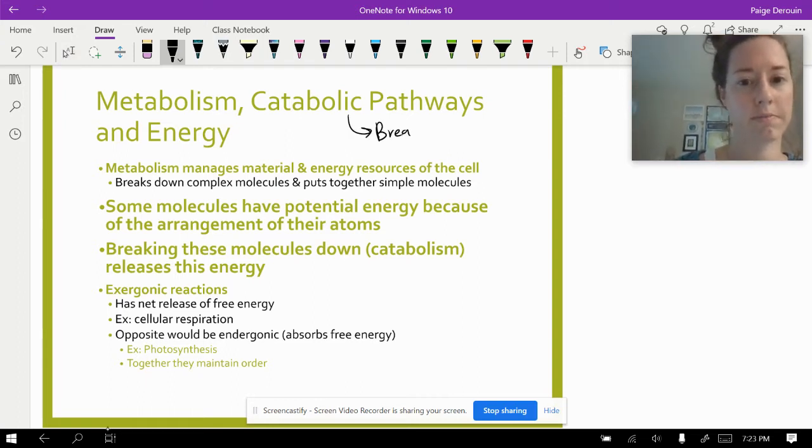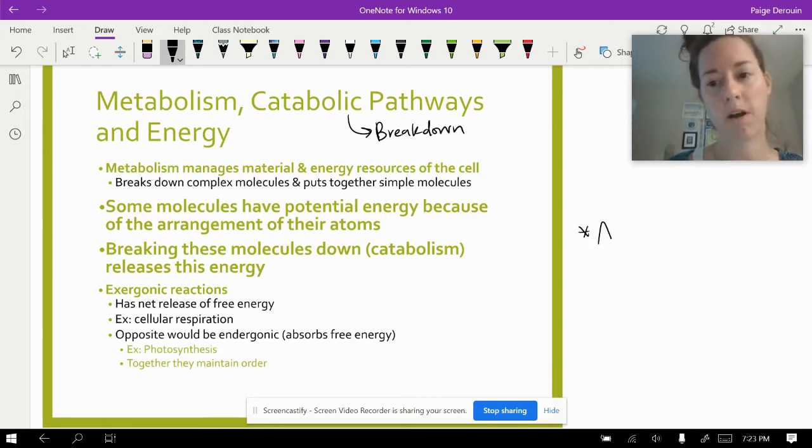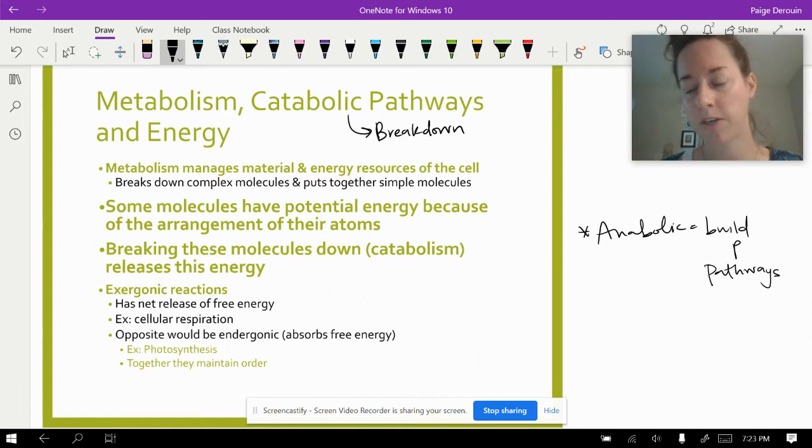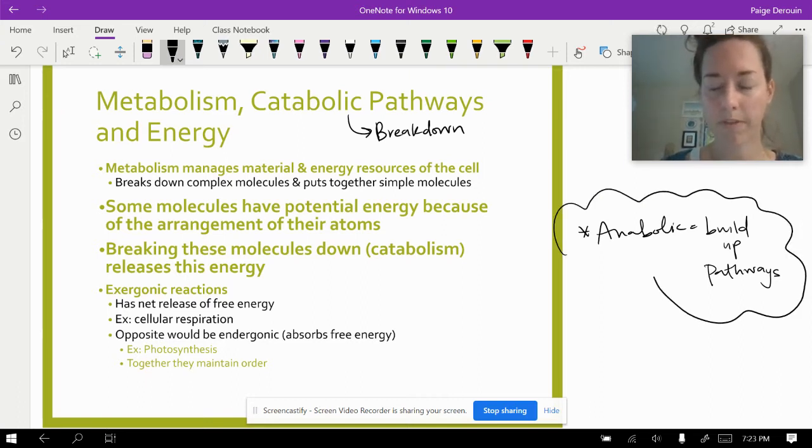Anabolic are the buildup. So if you're going to build new DNA, so you could do mitosis, that would be anabolic. If you're digesting food, that's catabolic.